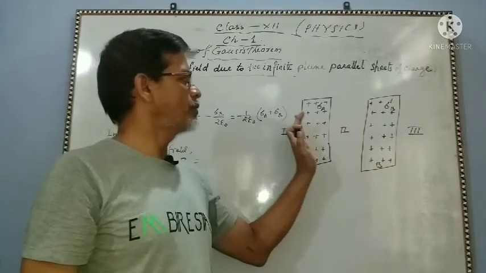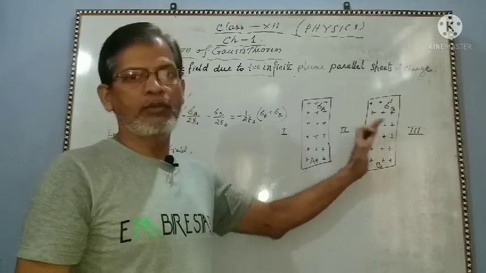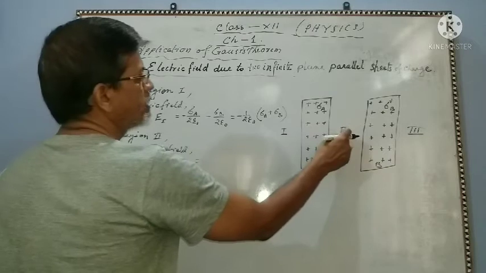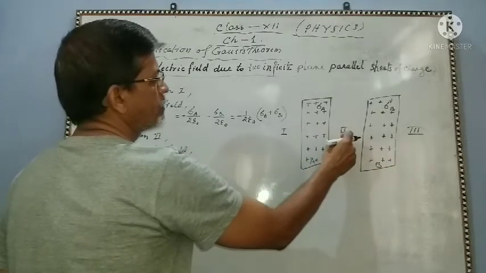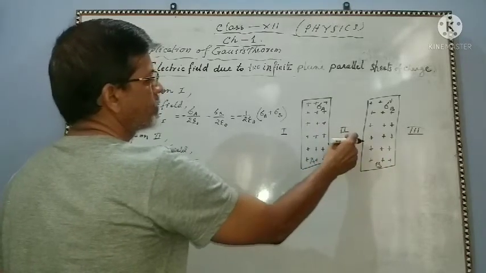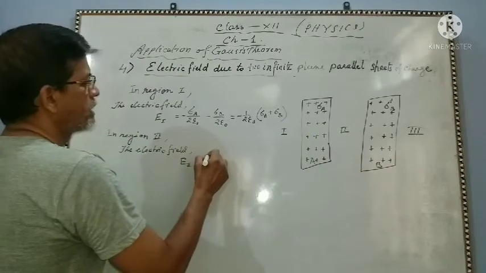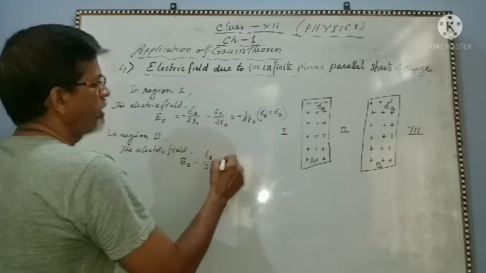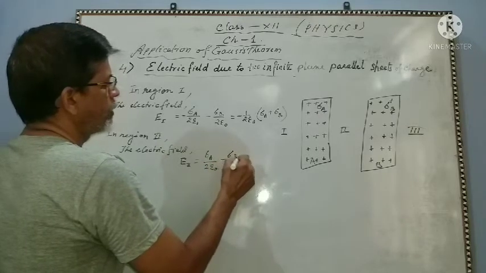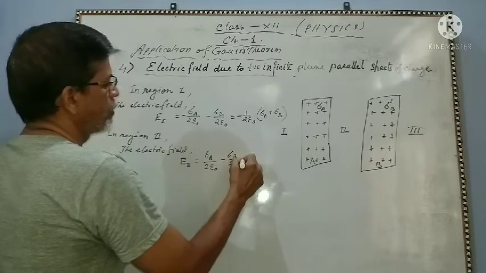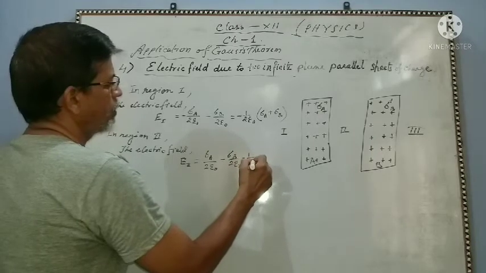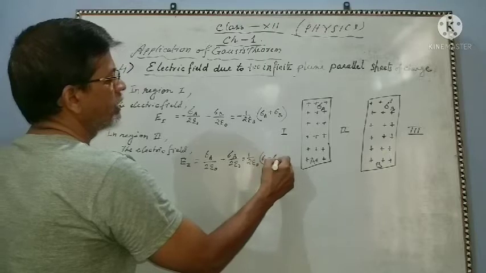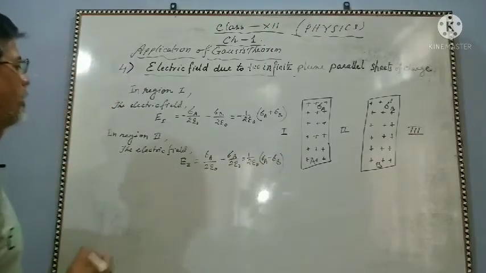For this plate it is positive, for this plate negative, because for this plate the field is towards right and for the other plate it is towards left. So sigma A by twice epsilon naught minus sigma B by twice epsilon naught. So 1 by twice epsilon naught common, sigma A minus sigma B.